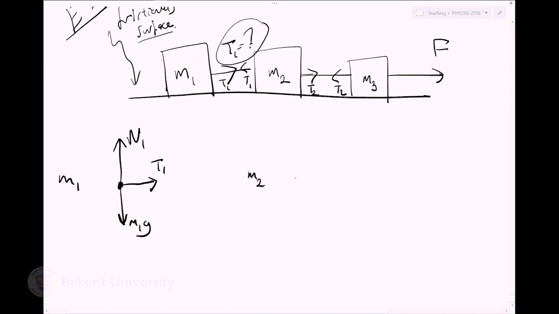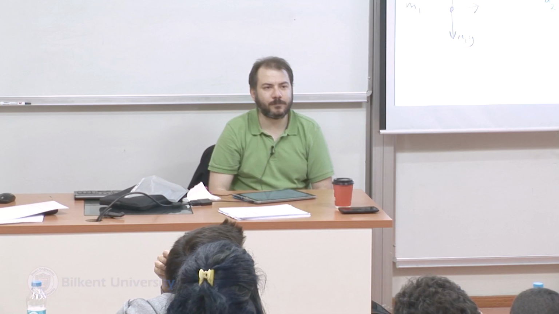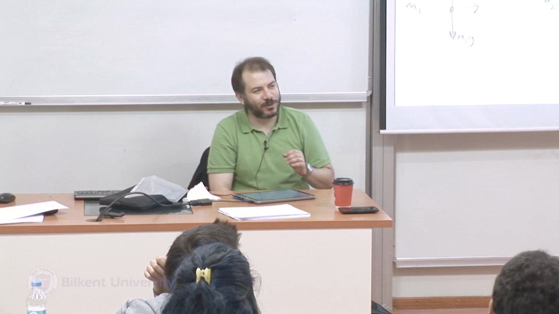So how about M2? Again, I have M2g, which is cancelled by N2. What are the forces acting on M2? There is the rope pulling it right, but there is also the rope which is pulling it to the left. And why are these two tensions equal? You can give two answers.